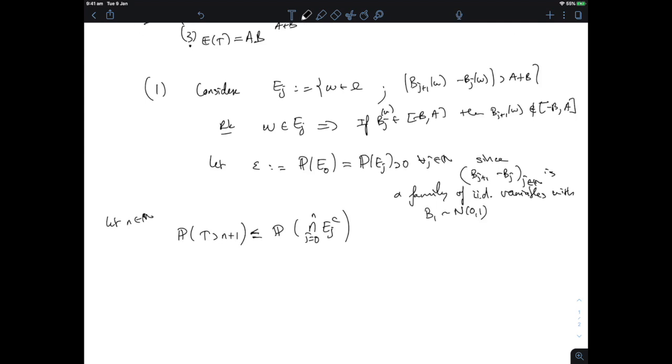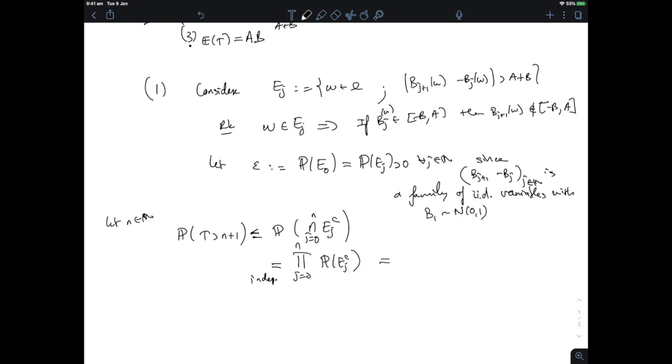Okay, so this probability of this intersection of complements, well, remember that the events E_j are independent because of the fact that the increments of the Brownian motion over disjoint intervals, or intervals that touch only at one point, are independent variables. So what we have here by independence is the product from j equals 0 to n of the probabilities of the complements of E_j.